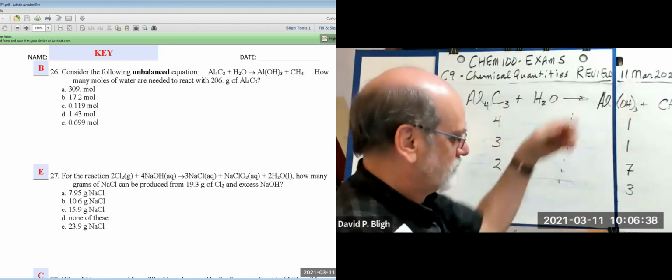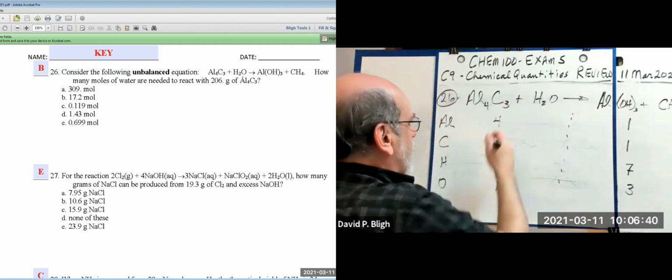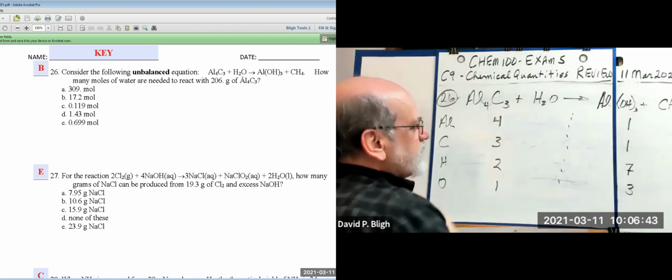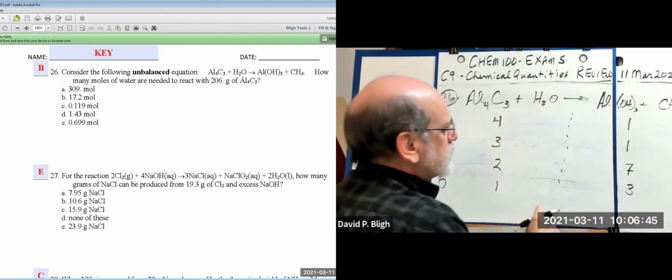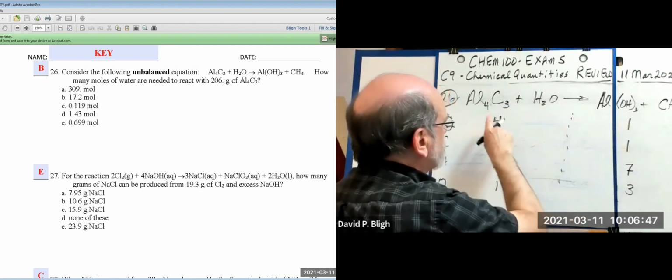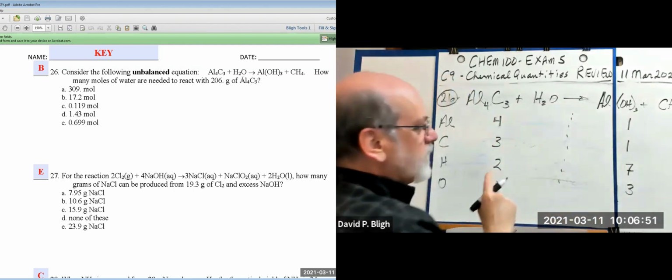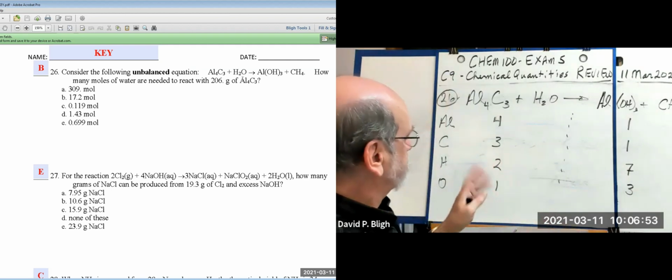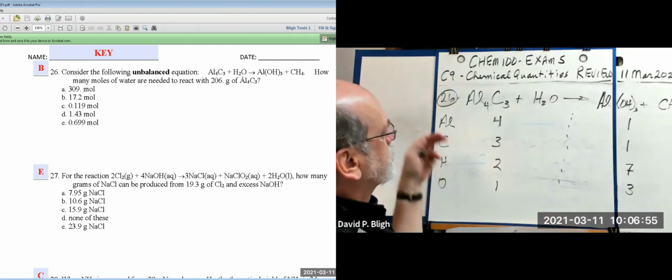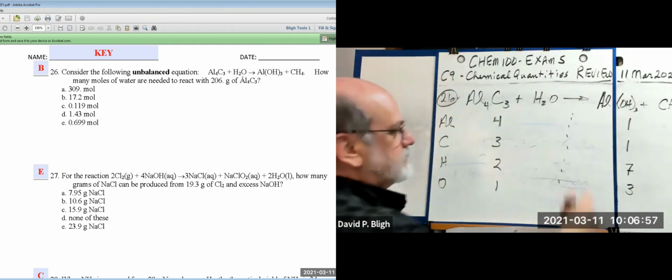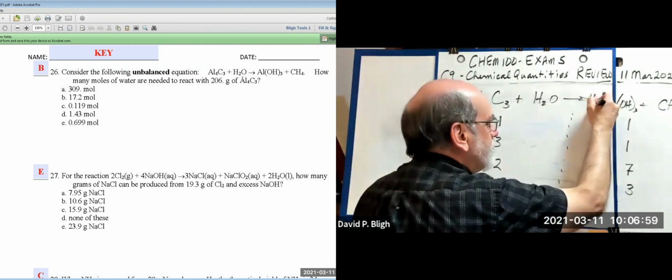Okay, where do we start? Well, let's see. Oxygen occurs in one place over here, one place over there. Aluminum, 1 and 1. Carbon's in one place here, one place there. So maybe it won't be so bad. What if we balance the aluminums first?